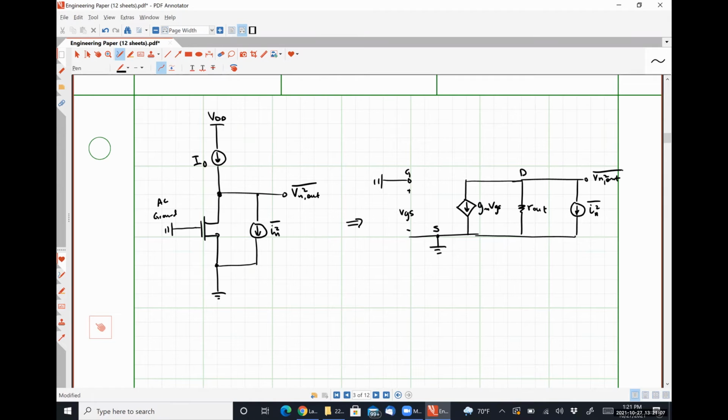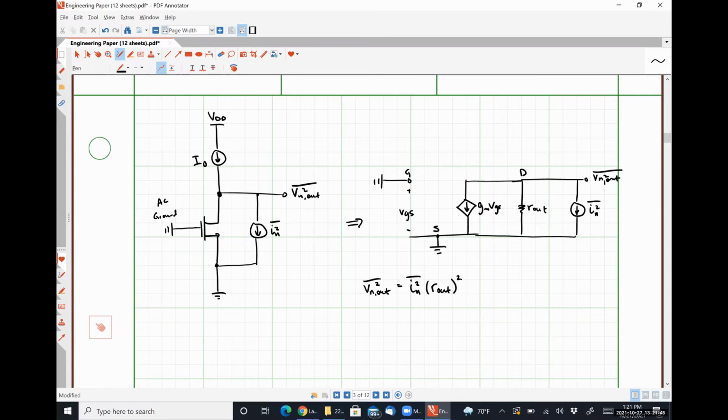So my output noise voltage, in this case, VN squared out, should just be, understanding that this dependent current source is going to provide no current whatsoever because VGS is 0, we're going to see that we have that noise current IN squared flowing through our output resistance squared, right?